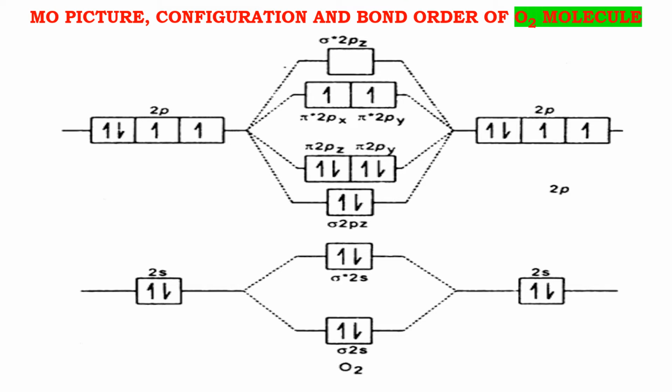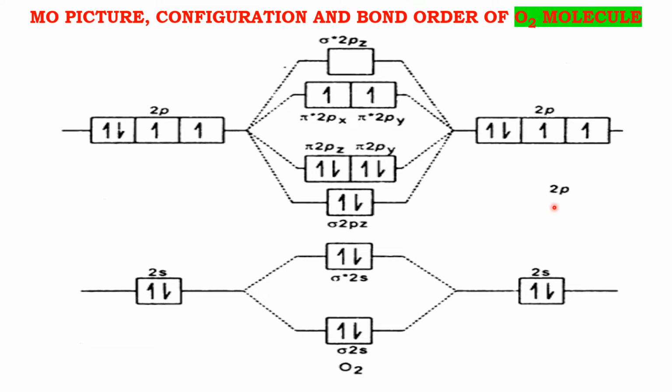But moving towards the molecular orbital picture of oxygen, we know the sigma 2pz orbital has lower energy than pi 2px and pi 2py when we consider the overlapping of 2p orbitals. Hence, there is a difference from the configuration of nitrogen.